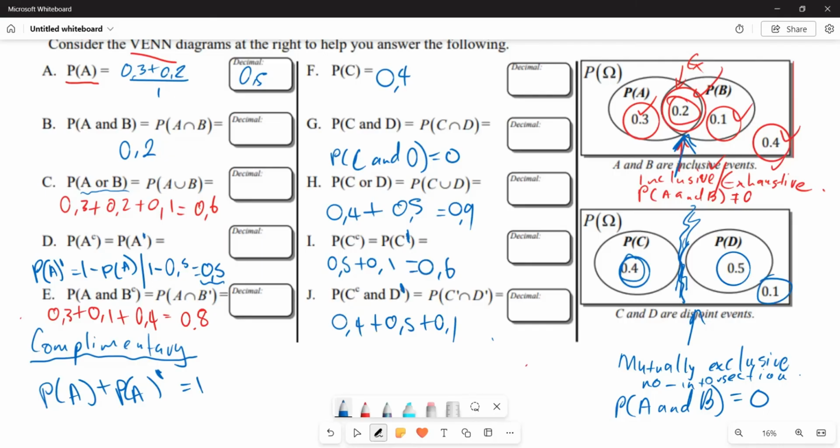But since we don't have the intersection, this is going to be 1, which means you have 100% chance of not having the intersection in here. Now hopefully this will make sense to you in terms of understanding the difference between your intersection and also your union. Thank you very much.